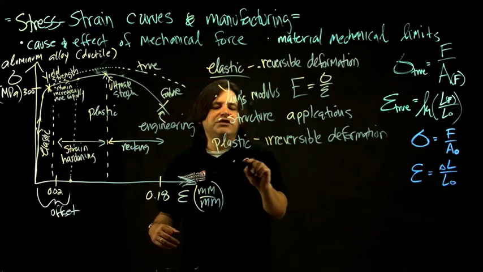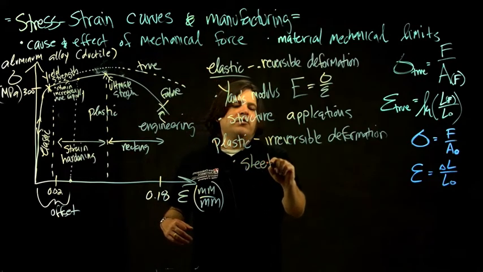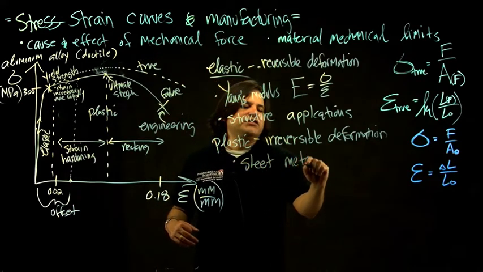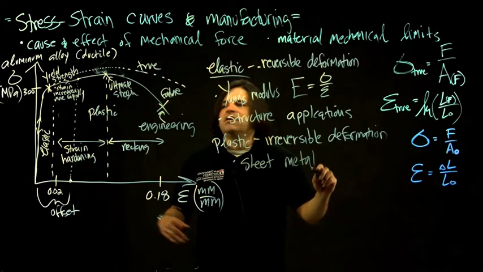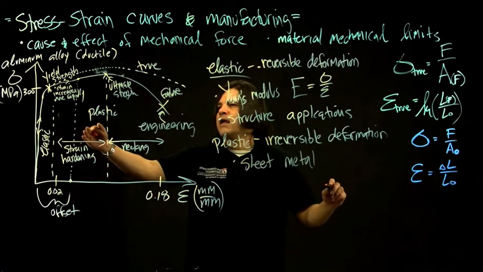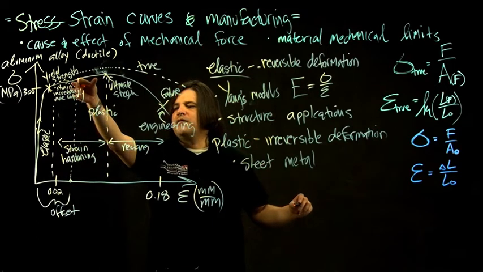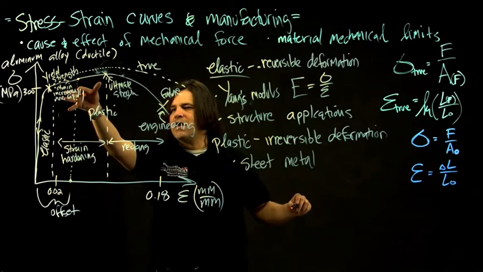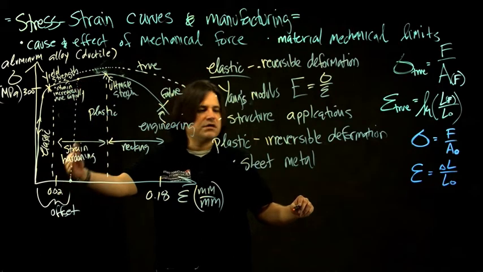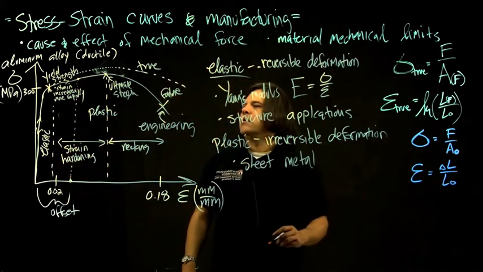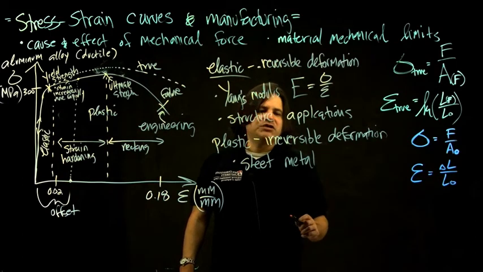So this is where sheet metal forming operates. You have a piece of sheet metal, you want to bend it, you need to apply enough, you need to know the mechanical behaviors that'll give you enough past the yield stress such that when you bend it, it's going to stay there. It's going to have some offset, of course, but it's going to keep the shape you deformed it in for the most part.